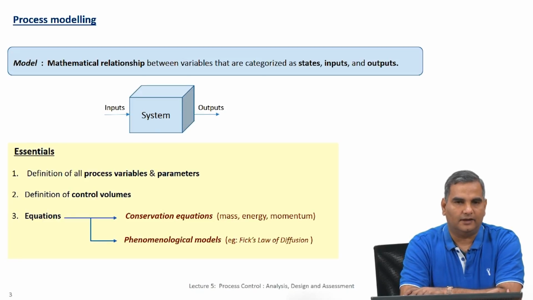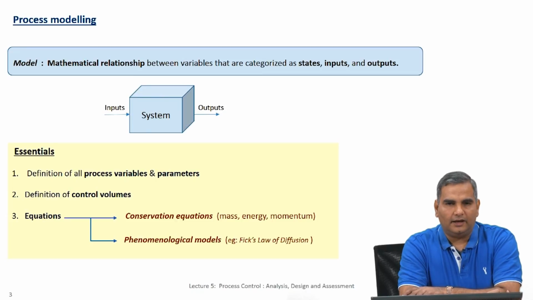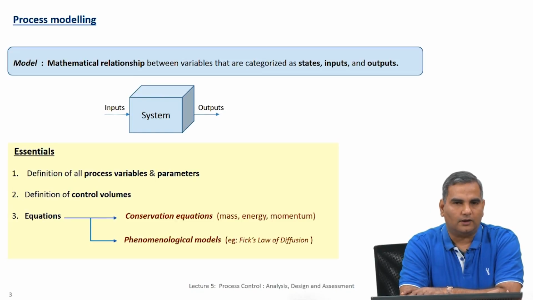These are variables that reflect what is happening in the process and so on. And if you take any process, there are also what are called design parameters or parameters of the system, which do not change with time. However, they also participate in the model equation. So, it is critical that we define these parameters that are relevant for the system also.